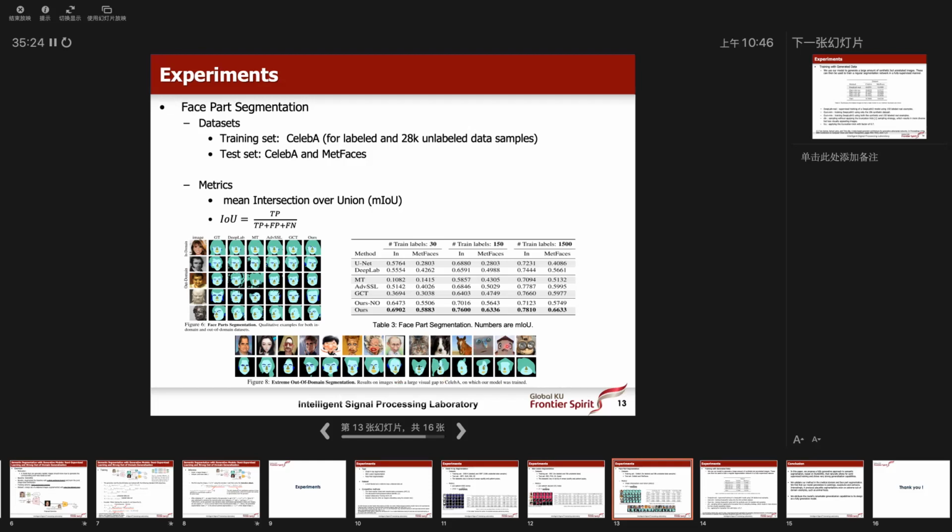And for this, there are statues, but with a similar appearance to a human face, and it can also achieve semantic segmentation to some degree. Here is an example of extreme out-of-domain segmentation.